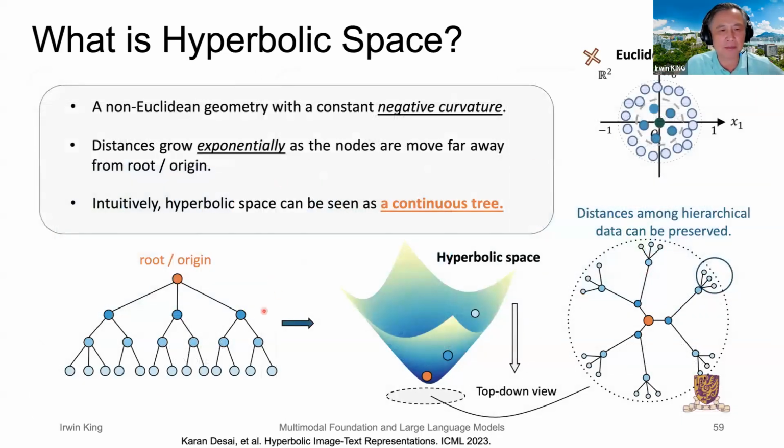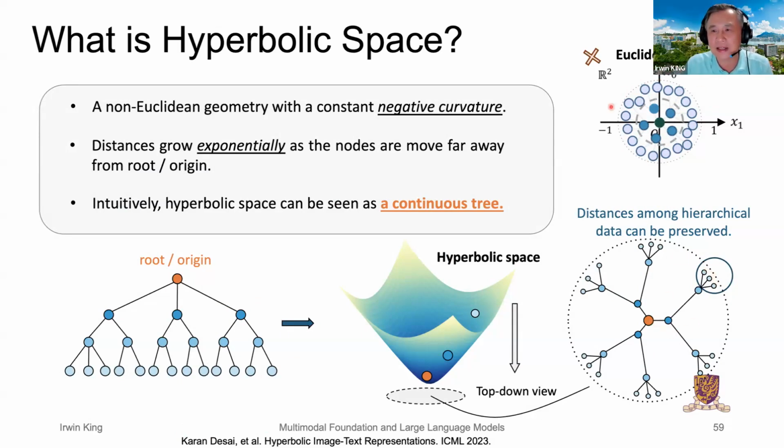Why? I'll give you an example. If you're representing a tree and you put the tree inside a Euclidean space, such as right here, the edges and nodes will become clumped together. Why? Because it's flat. However, if you put this in a hyperbolic space like this tree, these nodes will be further apart, and they could be easily separated, because they are spaced out when they are far away from the center.